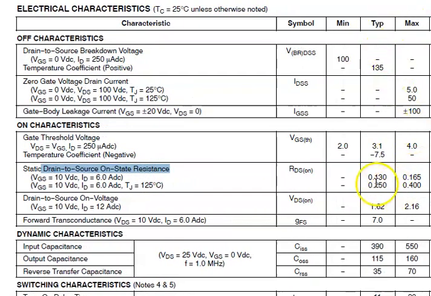Typical value of 0.13 or maximum value of 0.165. As I told you before, we can use this 0.165 as the initial calculation, such that when we have certain issues of whether to accept or buy certain parts inside our production line, we still have an allowable tolerance, because the typical value is smaller.